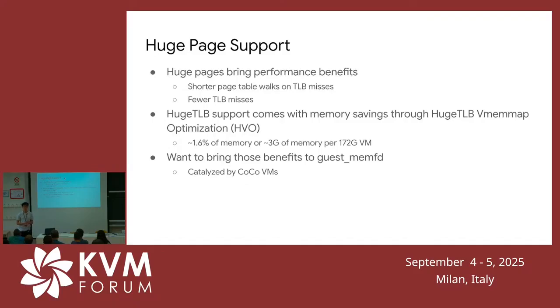So for non-confidential VMs, we can already get all these benefits by using huge TLB directly as the backing memory. And we want to bring all those benefits to guest memfd for Coco VMs, because Coco VMs can only use guest memfd. And so even though this entire effort of huge page support works for both Coco and non-Coco VMs, it's mostly catalyzed by Coco VMs.